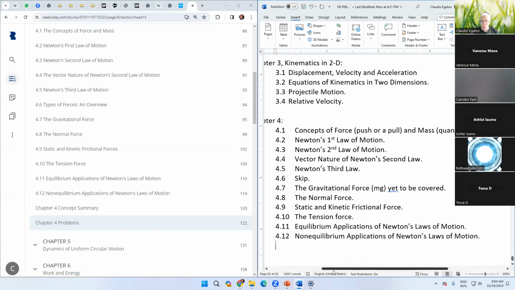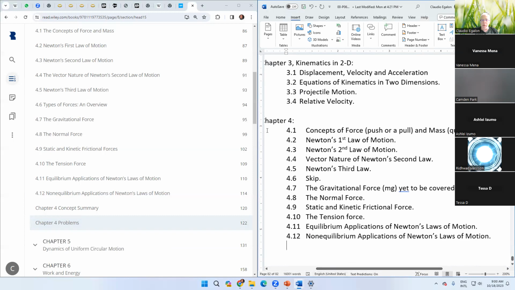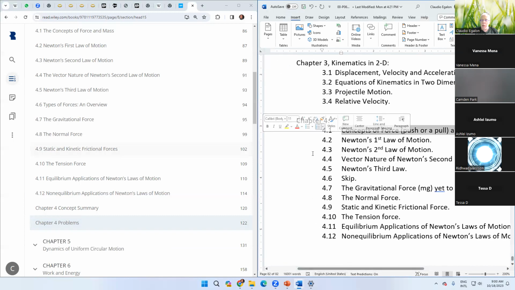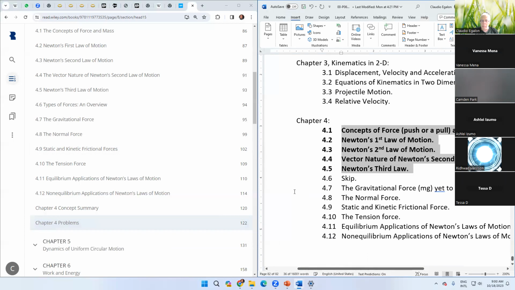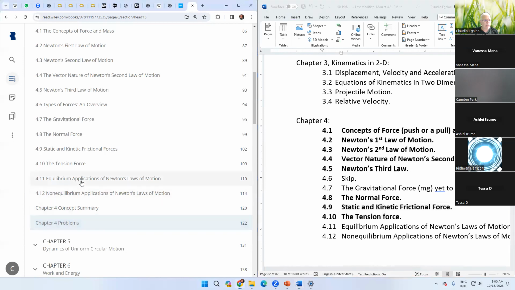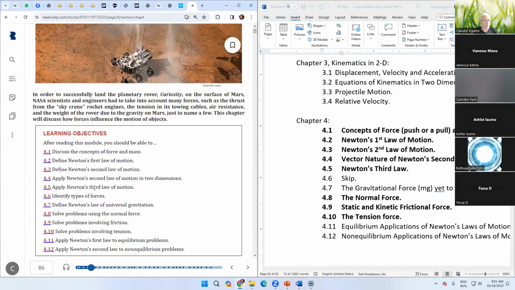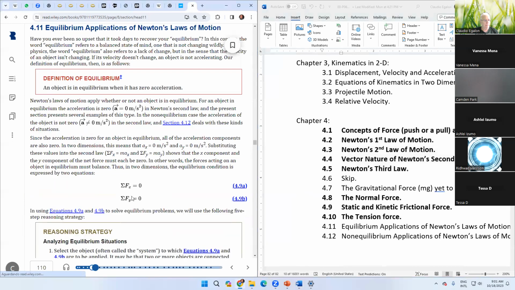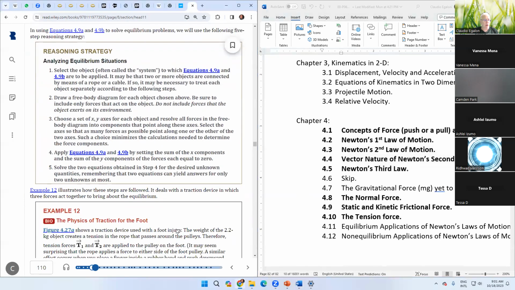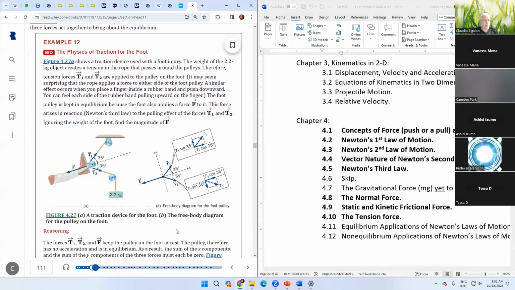So I'm going to boldface what we covered. Newton's third law, we cover. Oh, so we're almost done with this chapter, right? Let's take a look at those equilibrium and non-equilibrium applications. It's in a way already covered because we gave some examples.